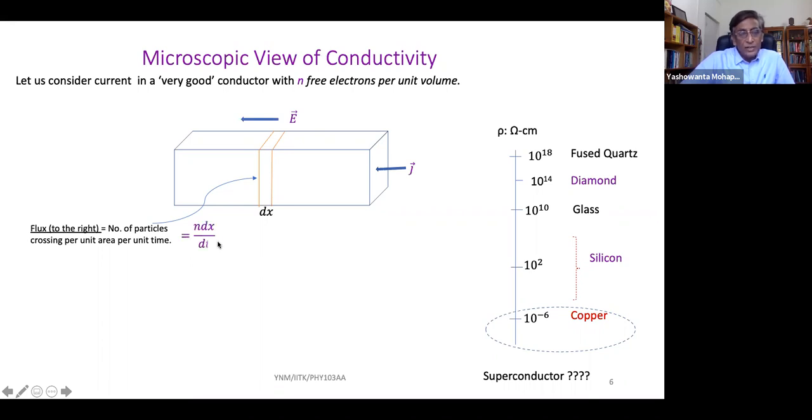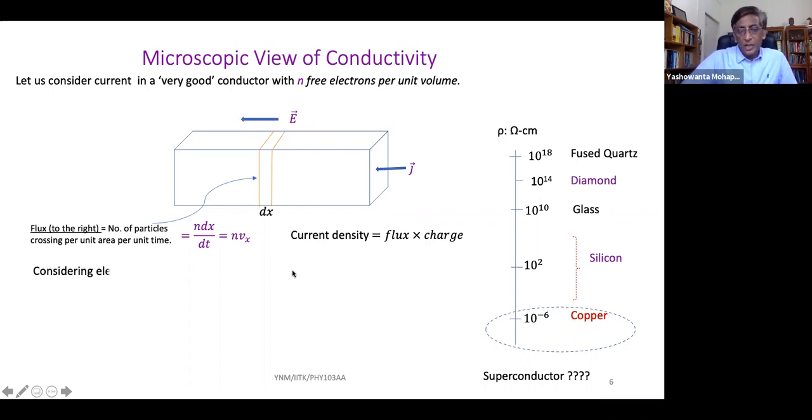So what is that? That will be, of course, n, the carrier concentration. If I take dx, then n dx is the amount of charge flowing in time dt across this area. I can generalize this to say that the current density is the flux, which is n into the velocity, times what they're carrying, the charge.